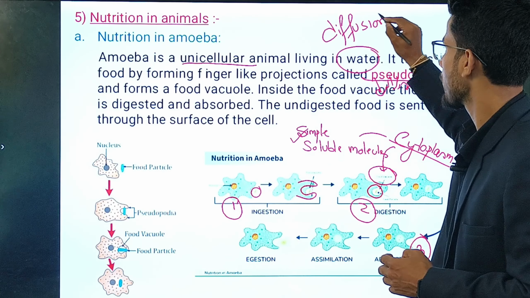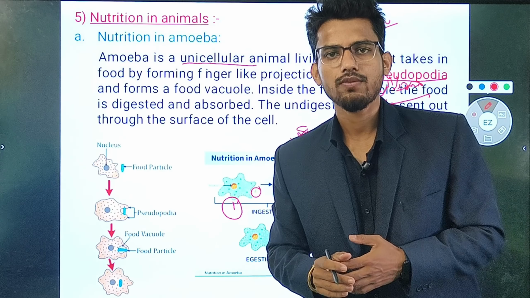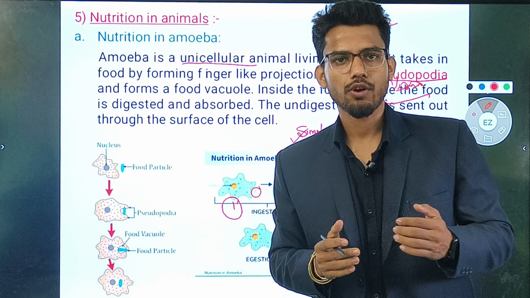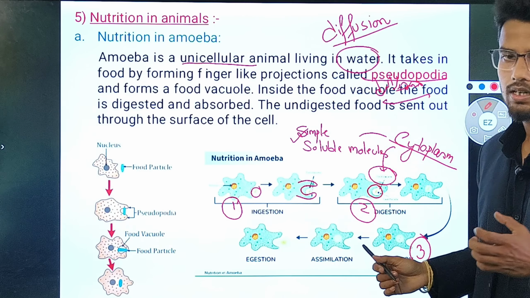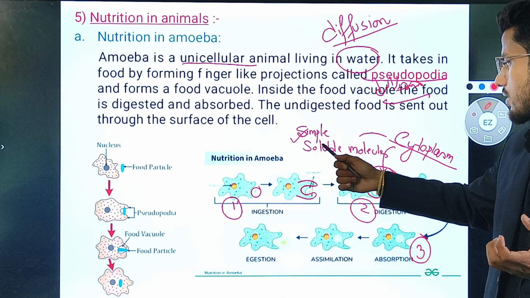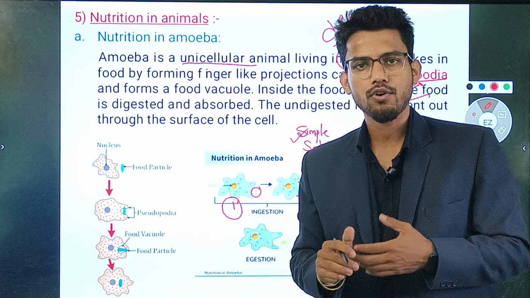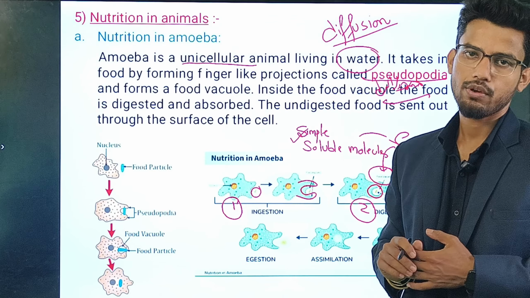The definition of diffusion, I think I must not say it again, as you have already studied: it is the movement of the solute from the higher concentration to the lower concentration. So likewise, these simple soluble molecules are absorbed by the amoeba from the food vacuole by a process called diffusion.